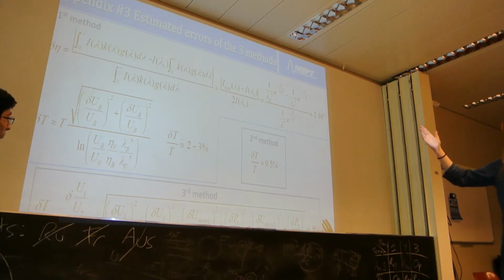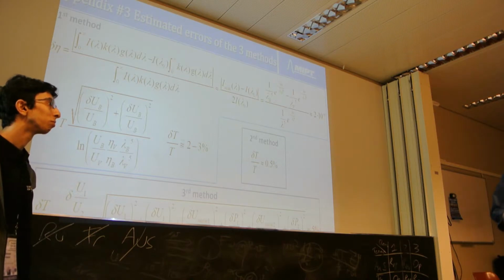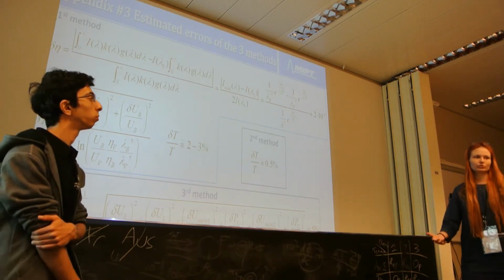You can say the second method has the minimal errors, but the second method gets the effective temperature, not the color temperature, and the problem statement talks about color temperature.